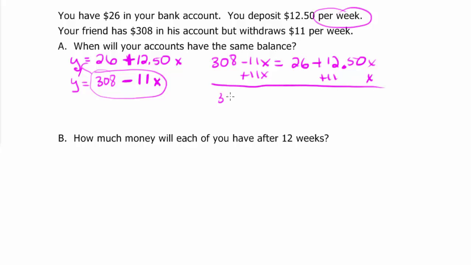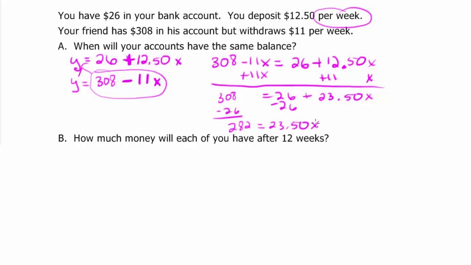Okay, so we have 308 equals 26 plus 23.50x. Now we're going to subtract 26. So 308 minus 26 is 282, equals 23.50x.